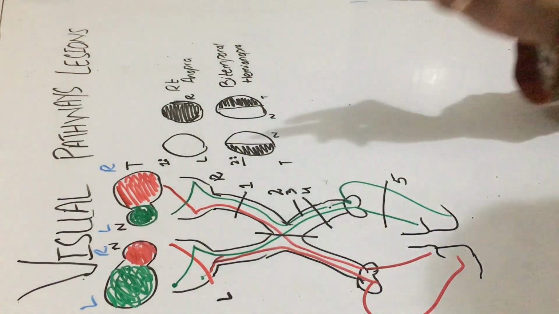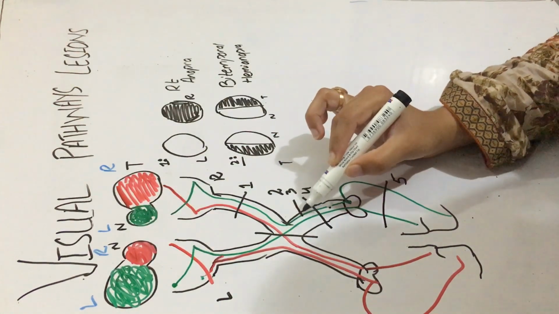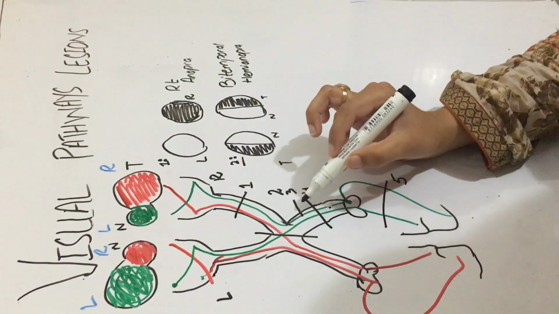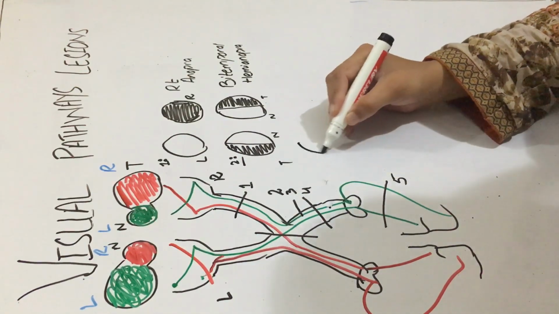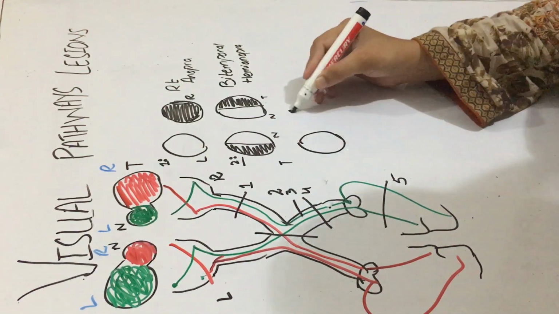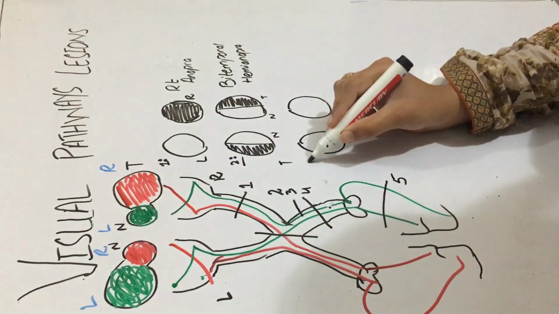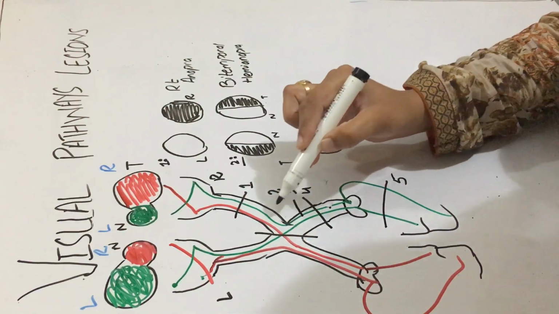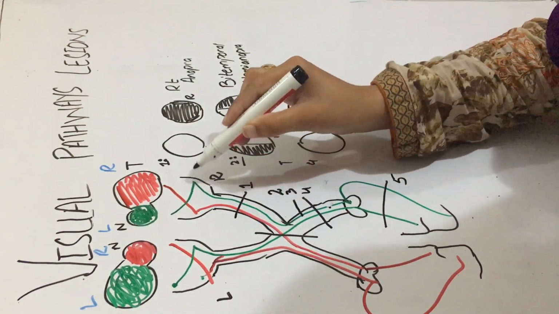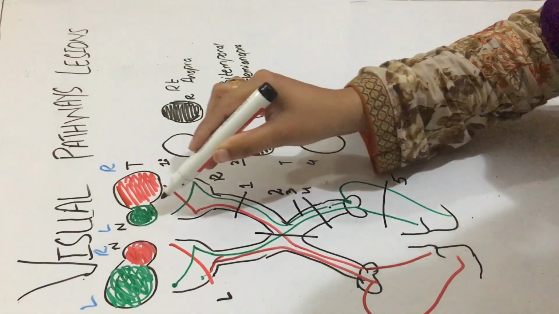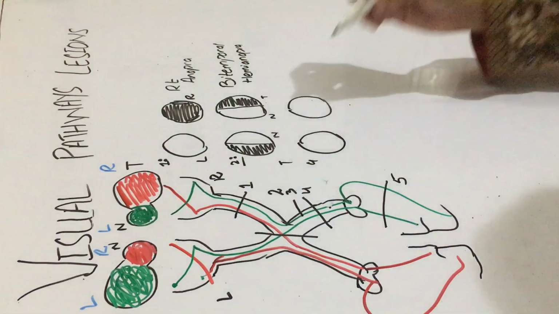Now next, the third: if only the lateral fibers of the optic tract are damaged, what will occur? What would be the response? These lateral fibers are coming from where? From the lateral side of the eye and from the nasal visual field.